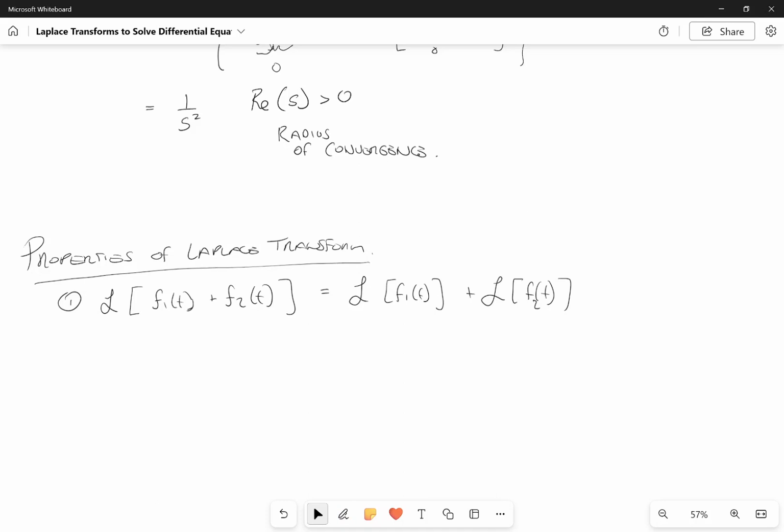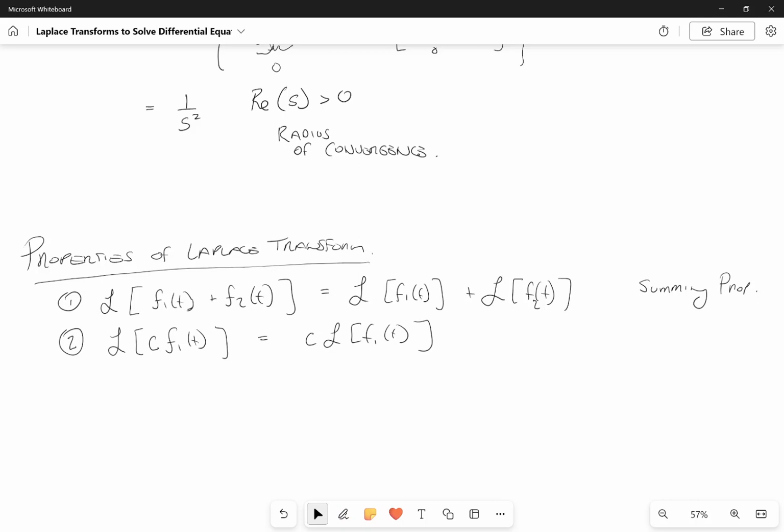And the other property is the Laplace of c times f1 of t. This is the summing property of a linear operator, and this one is the multiplication property. So this one is going to be c times the Laplace of f1 of t.